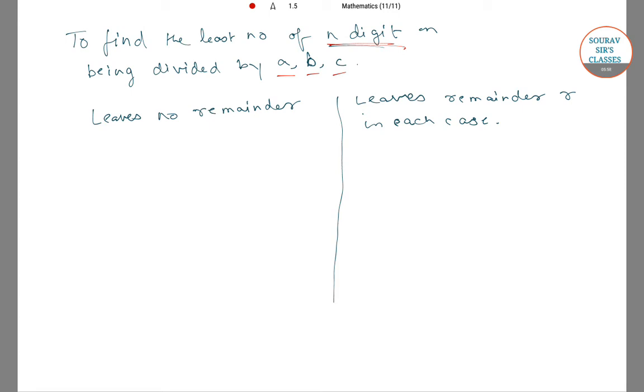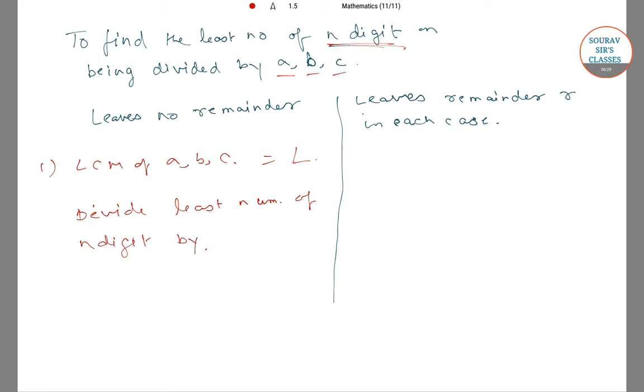For this we first find the LCM of A, B and C. Suppose it is equal to L. Then we divide the least number of n digits by the LCM. Now let R be the remainder.